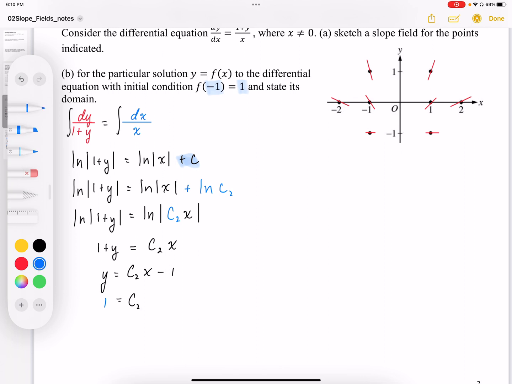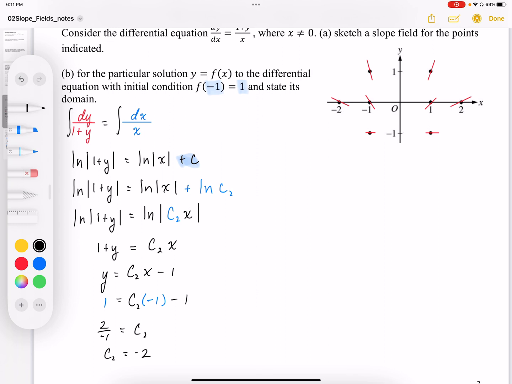I just wrote it as c2 to make sure it's really clear that it's different from the original c, but it's not that important. So I'm going to plug that in and then solve for the c. So I end up with 2 divided by -1 is equal to c. So c is equal to -2.